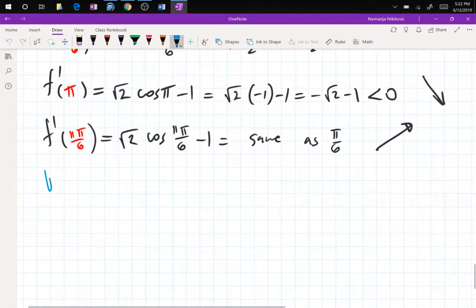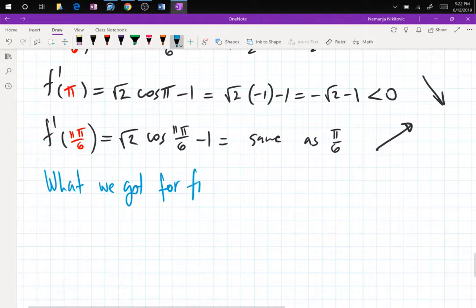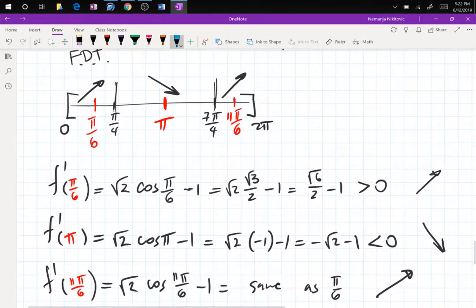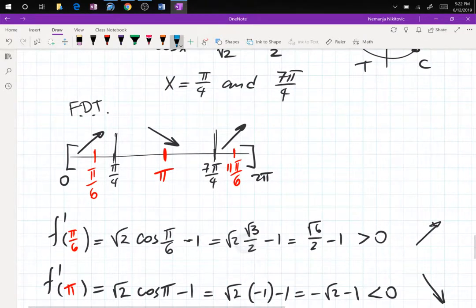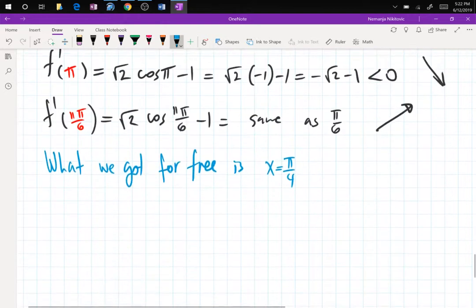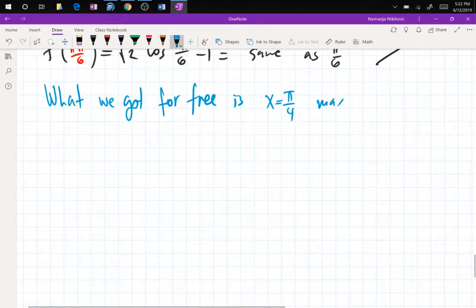In blue, what we got for free is x equals pi over 4 min or max? Max. And x equals 7 pi over 4, min.